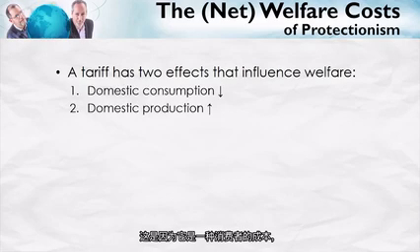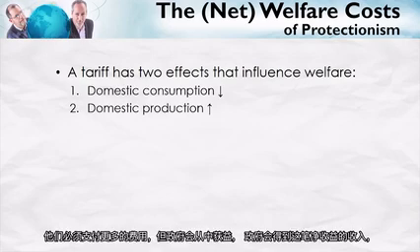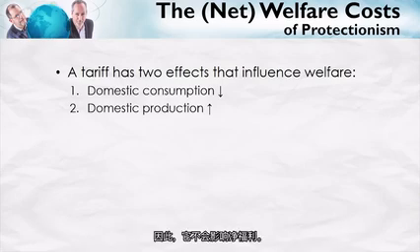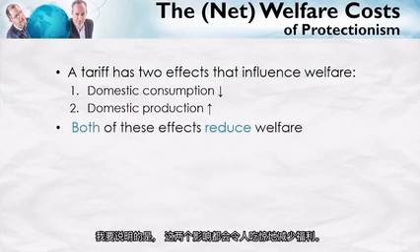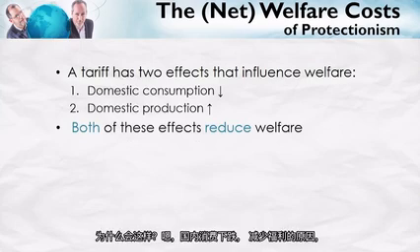That's because that's a cost to consumers. They've got to pay more, but it's a benefit to the government. They have this revenue that nets out, so it's not going to affect the net welfare. Instead, the net welfare is going to depend upon these two real changes. And what I'm going to show is that both of these effects, somewhat surprisingly, reduce welfare.